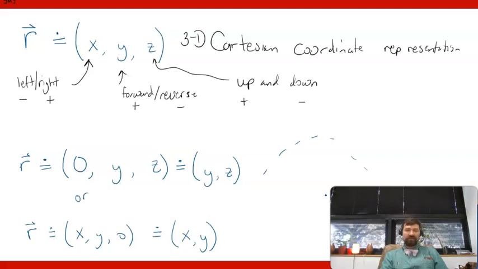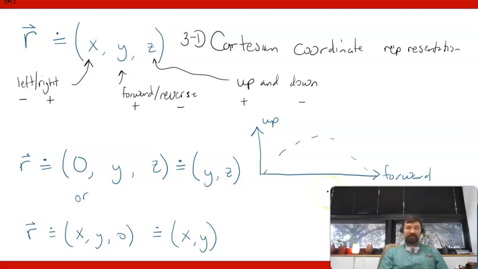And this direction here would be the up down. So this is up, this is forward. But very commonly we just revert to calling this x and y rather than y and z. So hopefully that particular point doesn't end up being confusing to those of you who are watching.